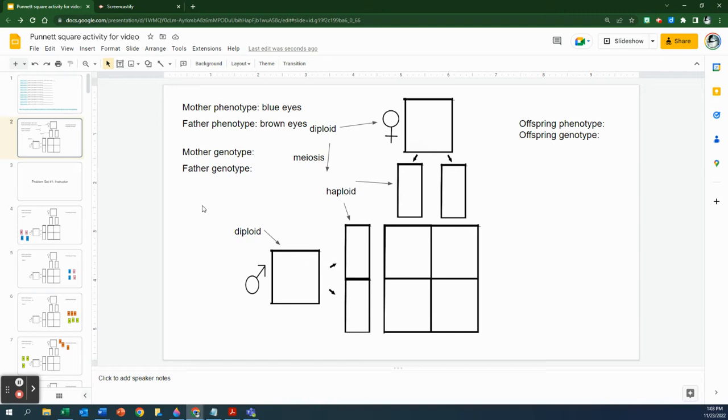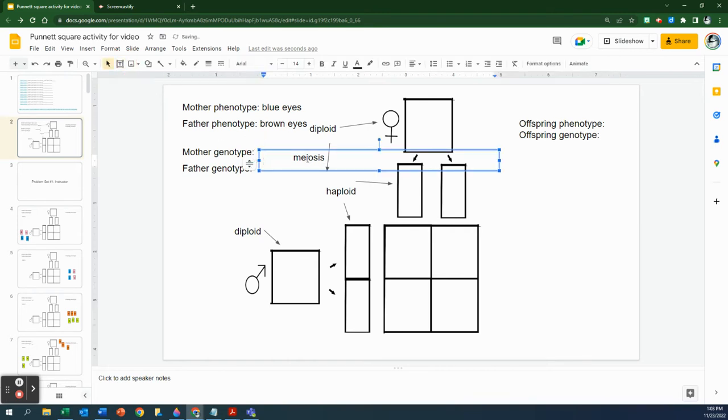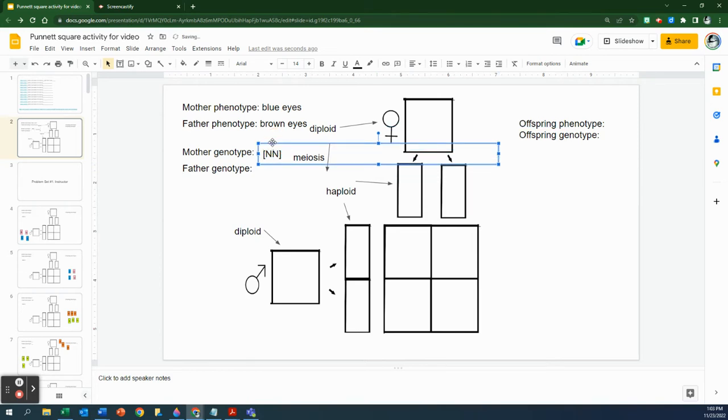A genotype is a letter combination. If you're talking about a single trait, a genotype is always two letters. So it's always going to be a letter and a letter. And father is also a letter and a letter. So it's always two letters, whatever those letters are.